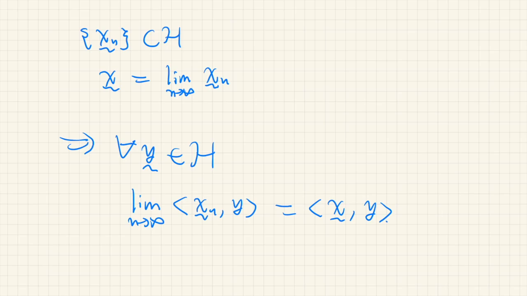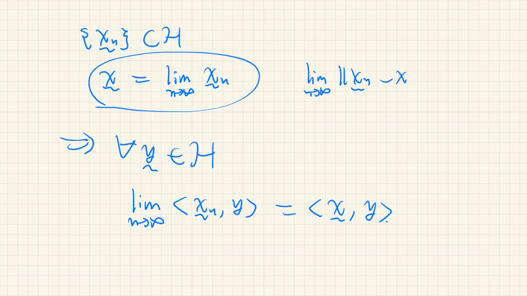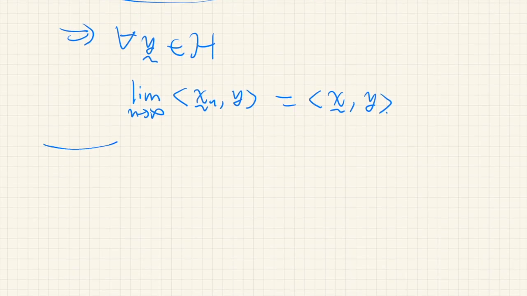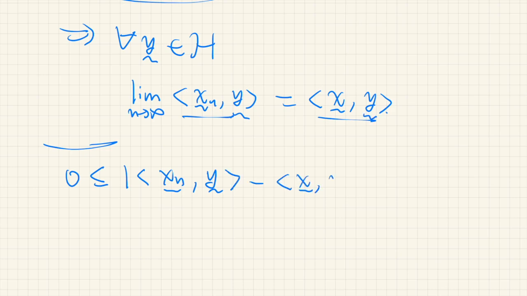So let's prove this. By the way, this convergence implies the limit of the norm of the difference between xn and x is 0. Okay? So using this, 0 is less than or equal to the absolute difference between the inner products, the inner product of xn and y minus the inner product of x and y.